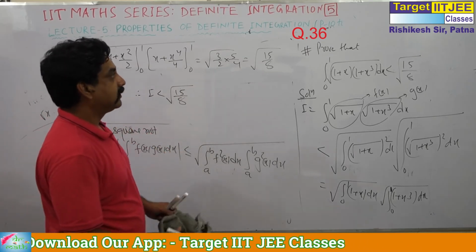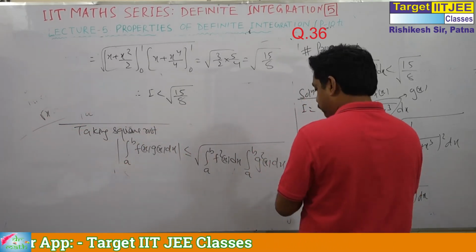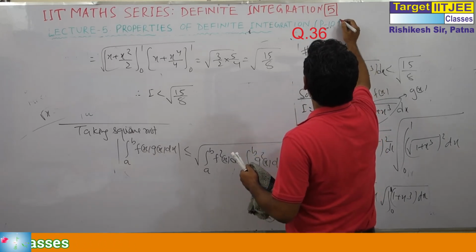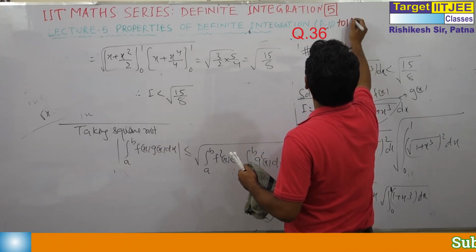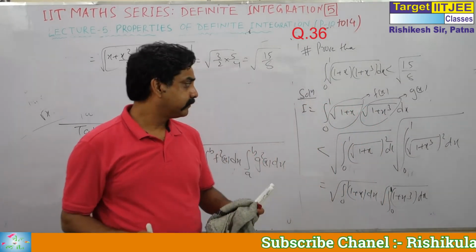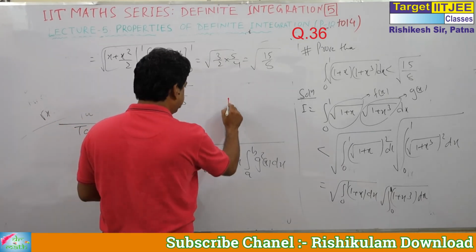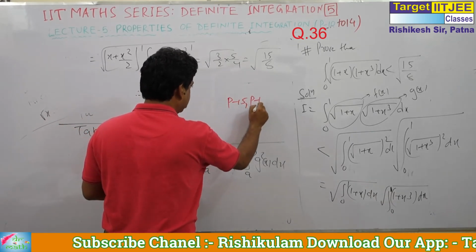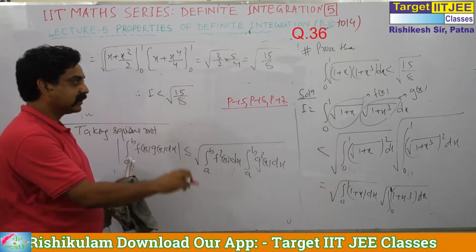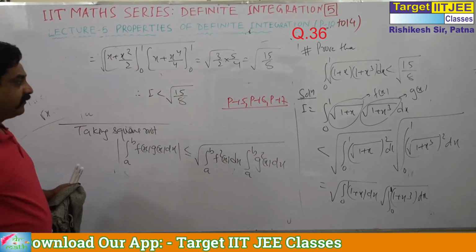So that is the property. Today we have dealt with properties 10 to 14. We will do P15, P16, P17 in the next class; that would probably be the last class on properties of definite integration.